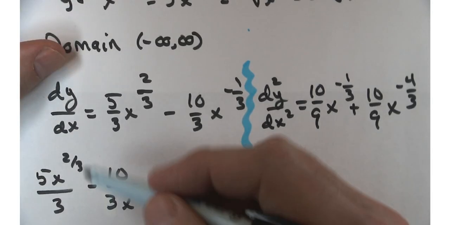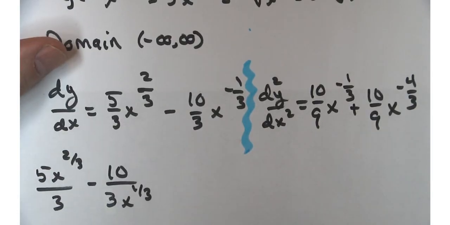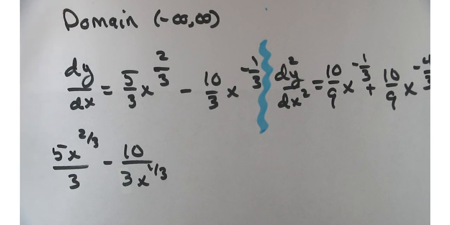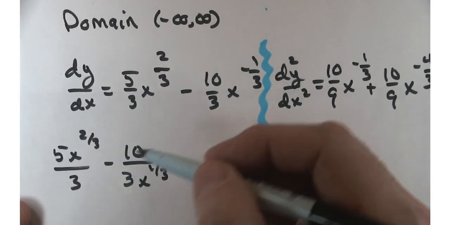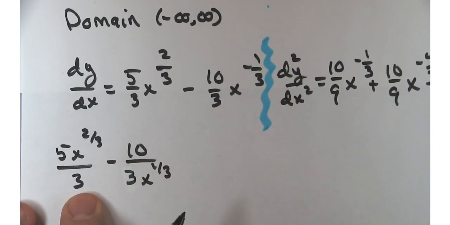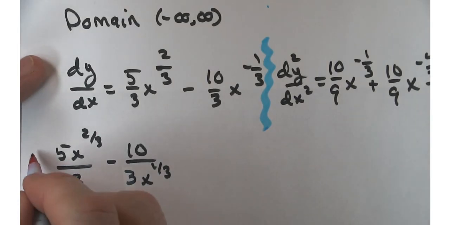Except these don't have common denominators, do they? No, they don't. It'd be nice if they did have common denominators. So what do I need in order for this to have a common denominator with this? What am I missing there? X to the 1/3. So let's introduce that x to the 1/3. Now the only way you can really do that is to multiply by 1.